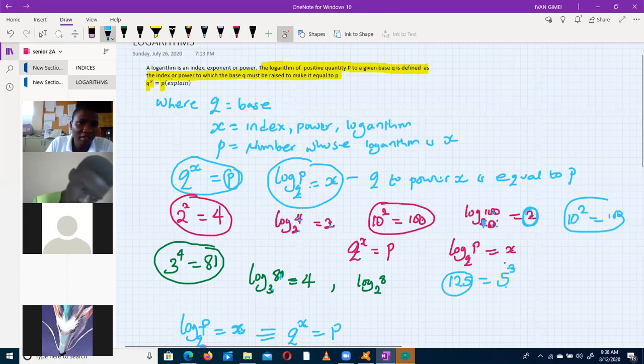This can also be written as log of 125 to base 5 is equal to 3. We're simply saying 5 to the power of 3 is the same as 125. So this is the index form. This is what we've been looking at. Then this is the logarithm form or logarithmic notation.